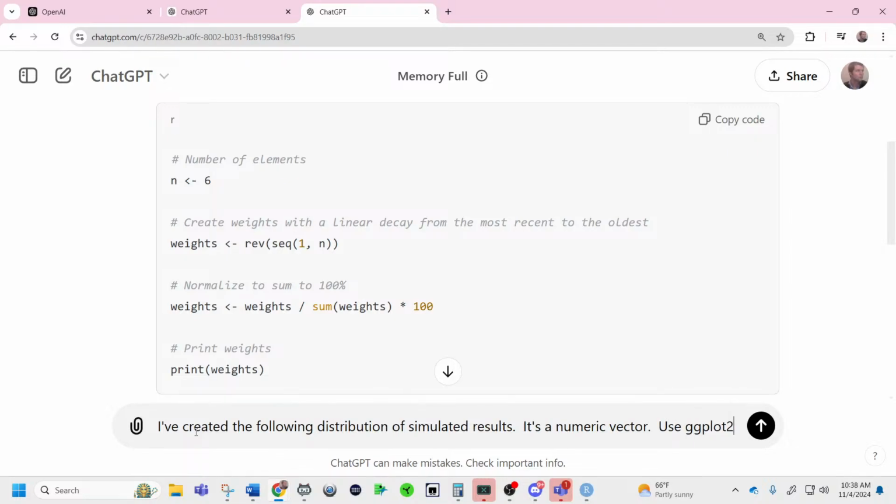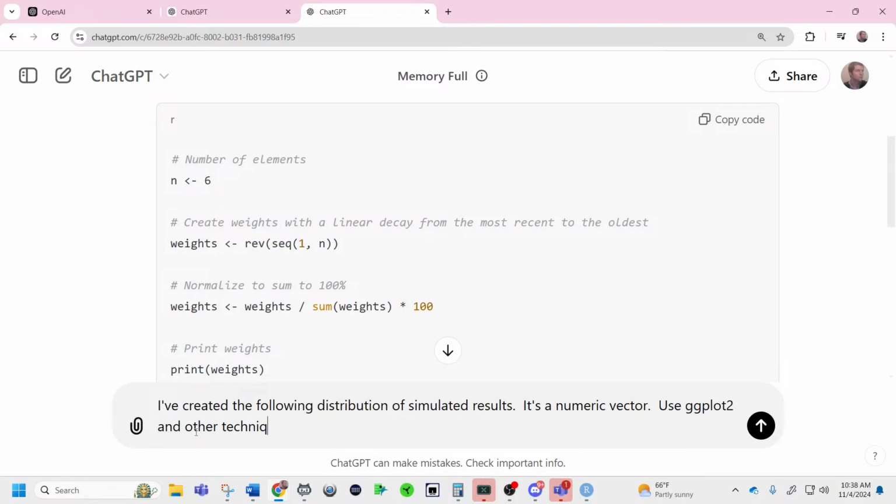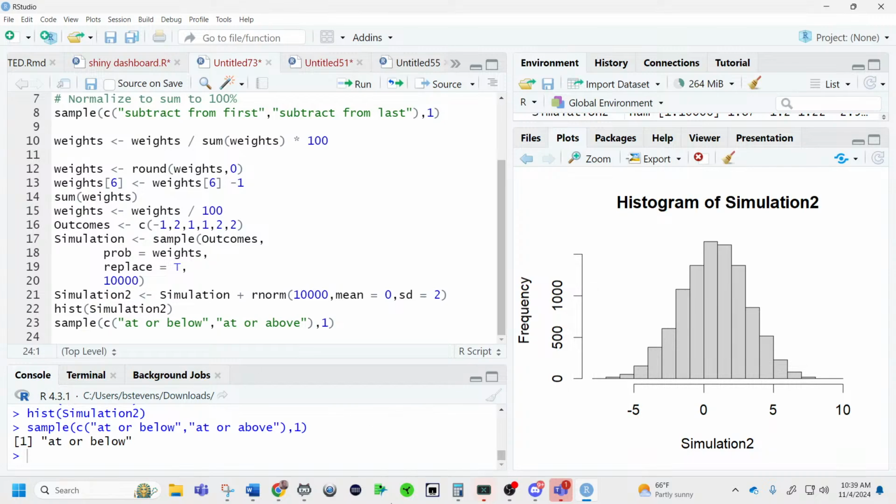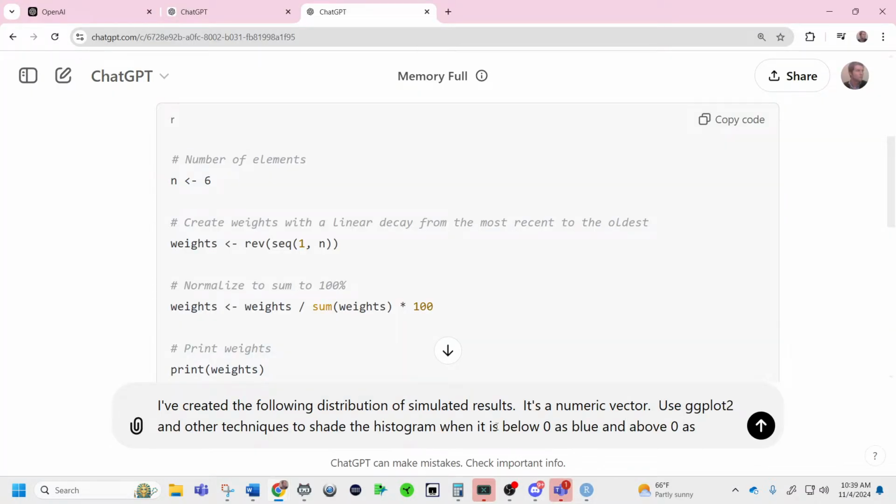Use ggplot2 and other techniques to shade the histogram blue when it is at or below 0, and red when it is above 0.